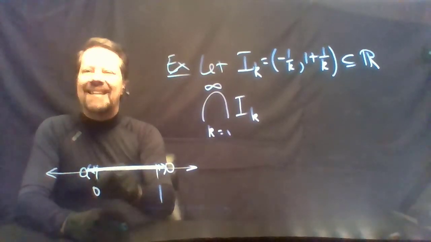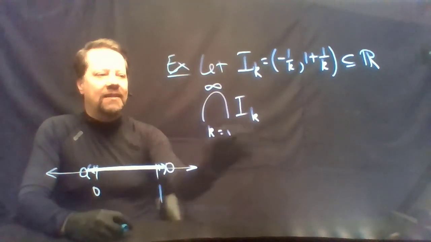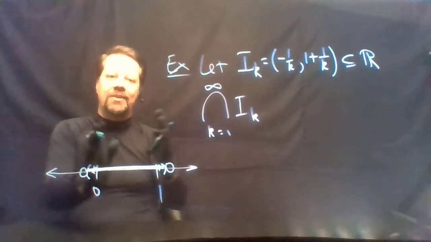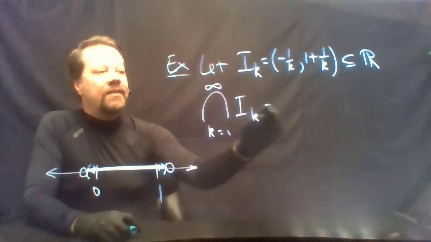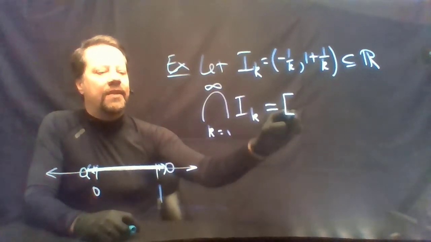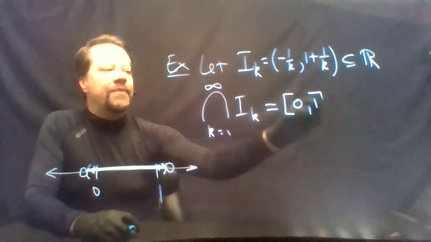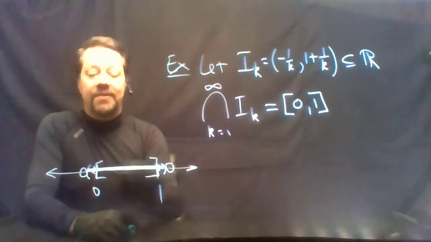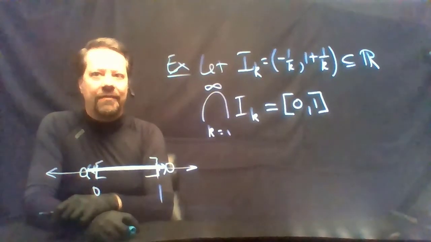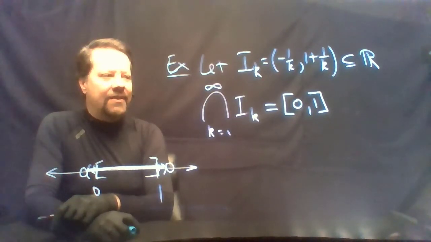Any point less than 0 will not be in the intersection, because you'll be close enough eventually to exclude that point from the intersection. So the intersection is the closed interval from 0 to 1, because 0 and 1 is in every single one of those intervals. It must be in the intersection.